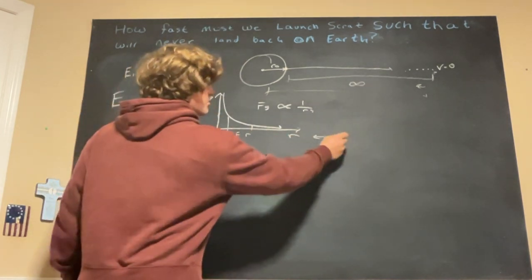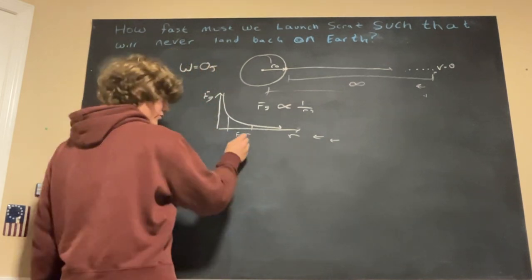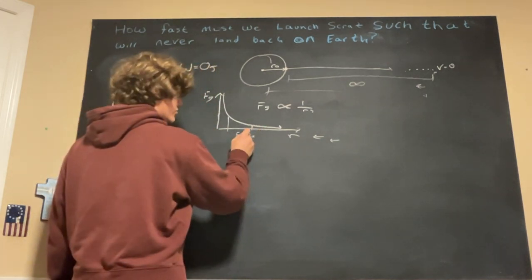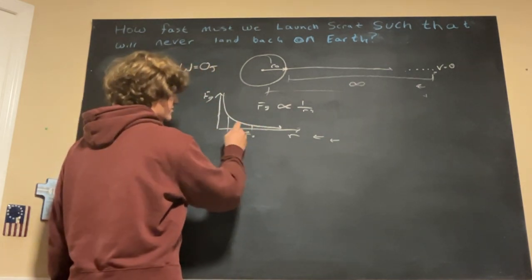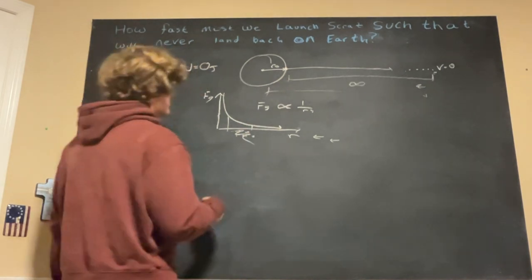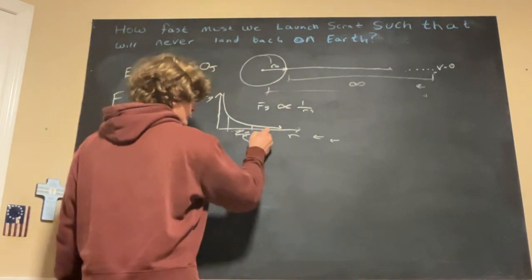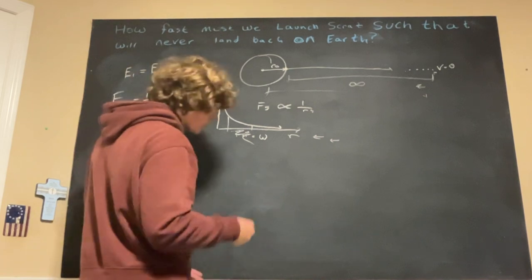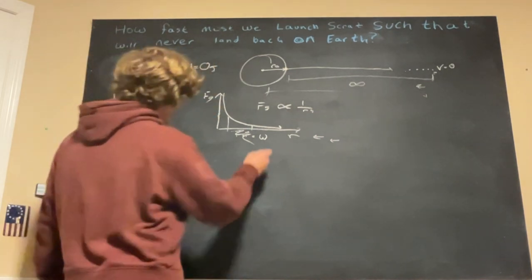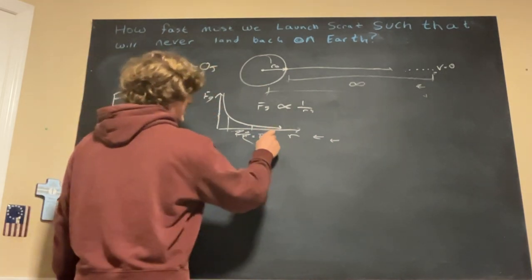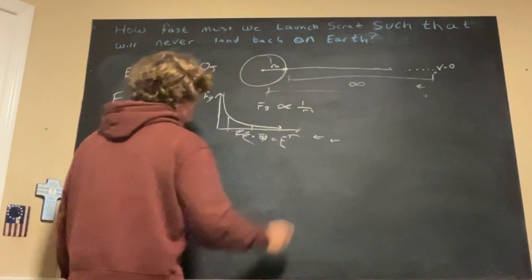This is a dot product, and these are both vectors, but you don't need to know that right now since they're in the same direction. This is equal to our work, or not really work in this scenario, just our energy.